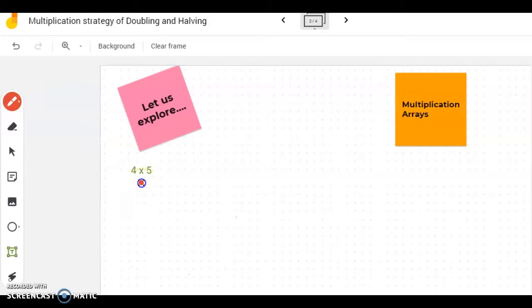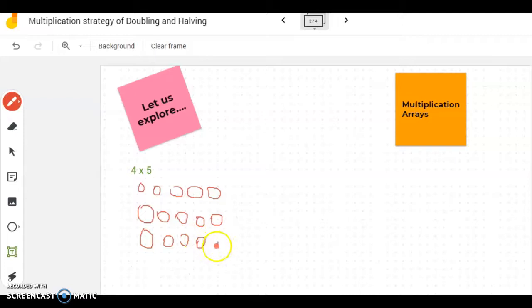I'm going to draw 1, 2, 3, 4, 5. 4 times 1, 2, 3, 4, 5. Those are groups of 2. 1, 2, 3, 4, 5. And the last one, 1, 2, 3, 4, and 5.